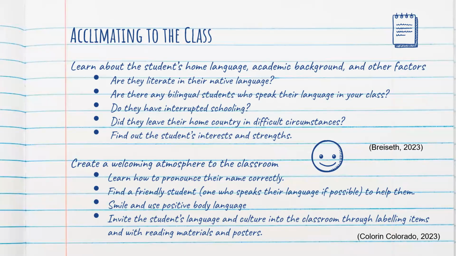If they are functionally illiterate in their native language, that makes things much more difficult because the student doesn't have the school background of the previous 5 or 6 or even 7 years of schooling that the other students in your class have.